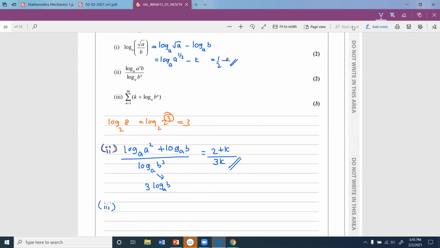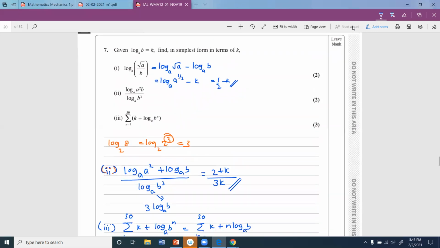The third one is the summation, n goes from 1 to 50, of k plus log AB to the power n. Over here you can write n goes from 1 to 50 of k plus, I can take this n out, n times log AB. They have given log AB is k.